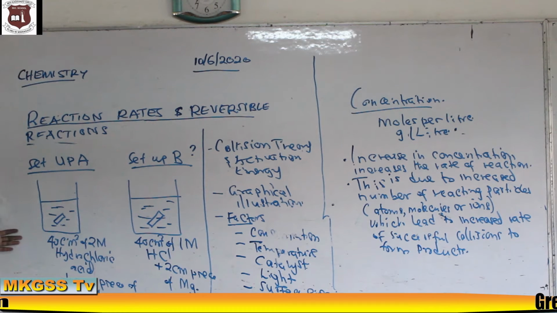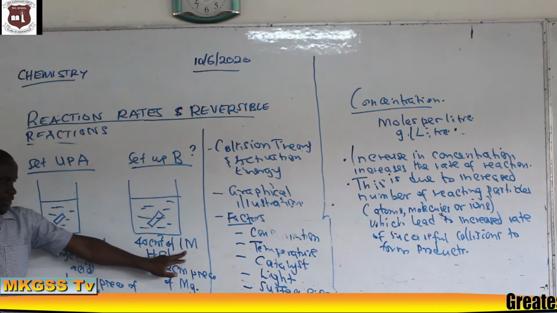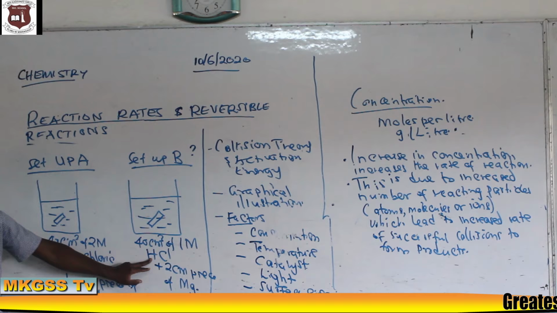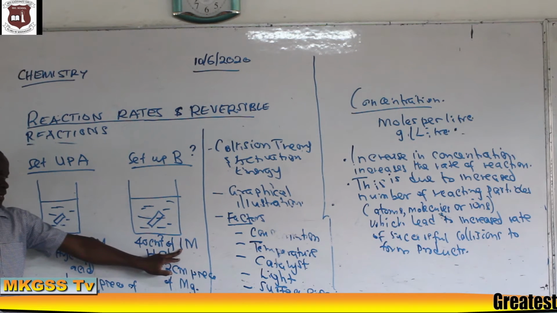Now, one thing you have to realize is that when I talk of 2 molar hydrochloric acid, I mean 2 moles of hydrochloric acid in 1 liter of a solution, but here it has a volume of 40 cubic centimeters. Then if I talk of 40 cubic centimeters of 1 molar hydrochloric acid, I simply mean we have 1 mole of hydrochloric acid in 1 liter of a solution.